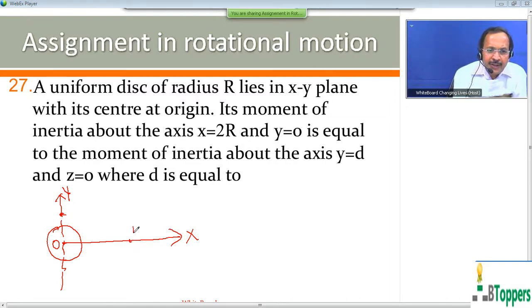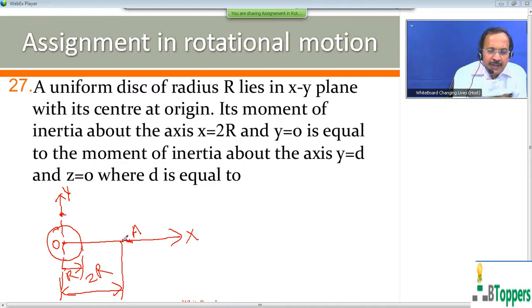That means for this point A, here r is the radius of the disk. Let A be the point on the x-axis which is situated at distance 2r from the origin.